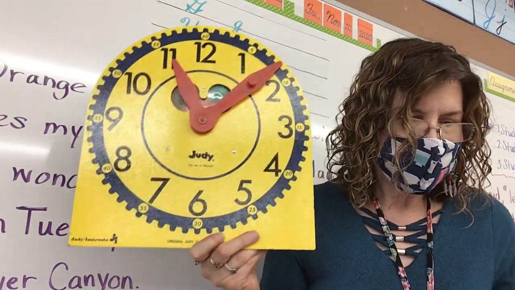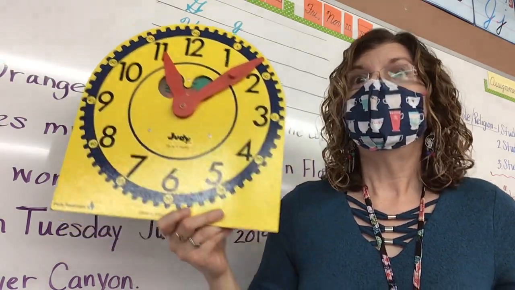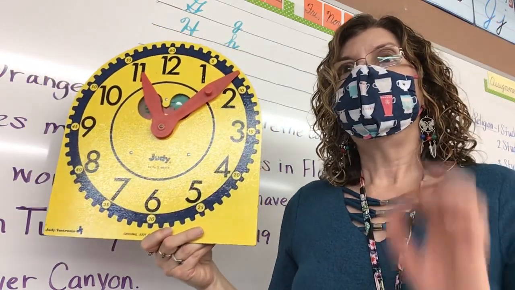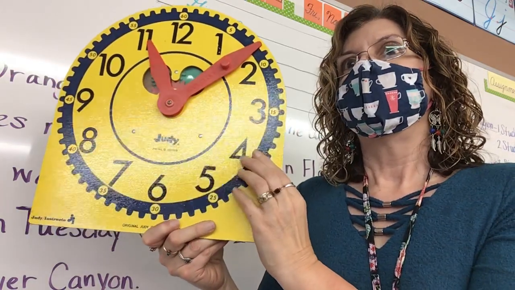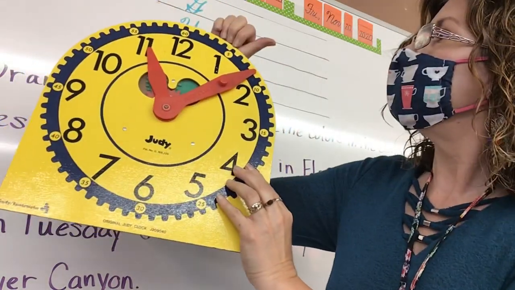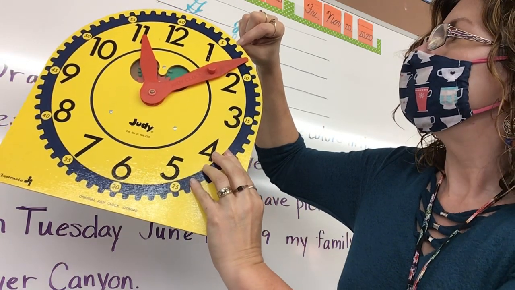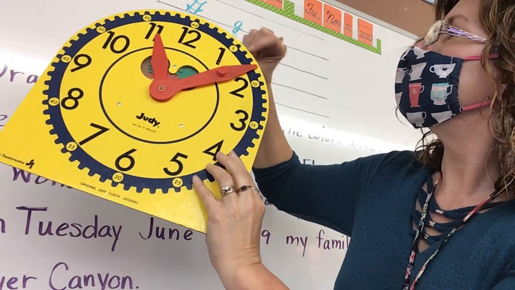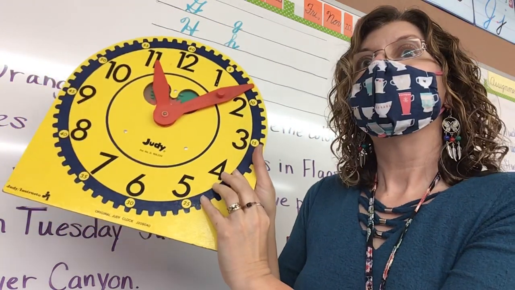So everybody put 11. All right, and where is the longhand? Just past the 1. And okay, for the 1, what would you say? 11:05. Okay, but it's not there, so we're going to have to count these by ones now. So this is 5, so this would be 6, 7, 8. So it is 11:08.